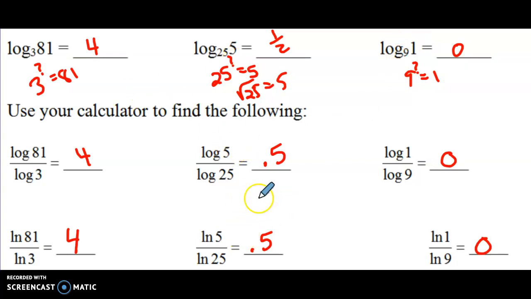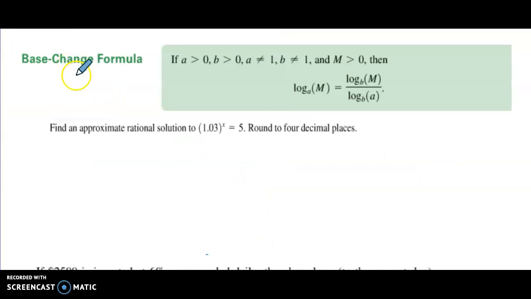Okay, so this is a property that always happens. It's called the change of base formula. If I have the log base a of m, if I want to find what that is, I can take the log some other base of m divided by the log that same base of a. Okay, so we choose to use log base 10 because that's on our calculator.